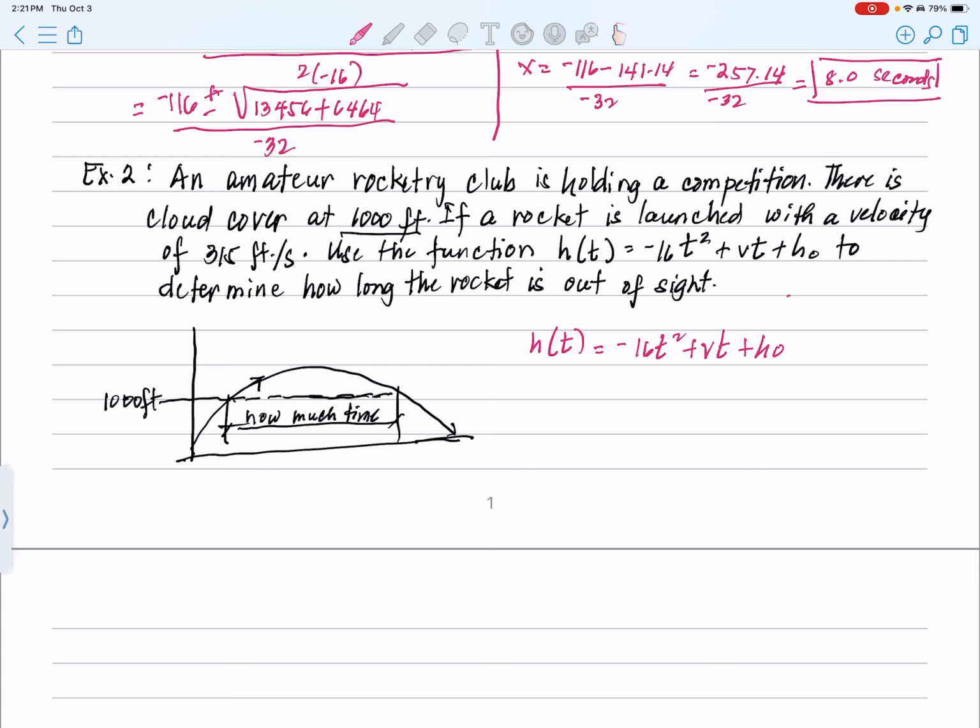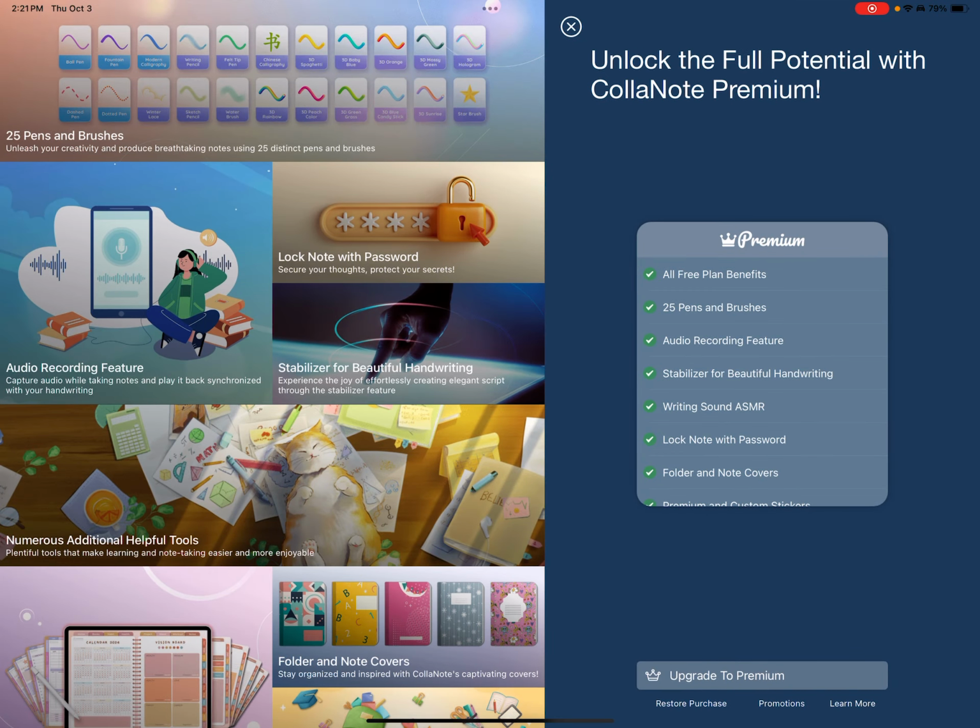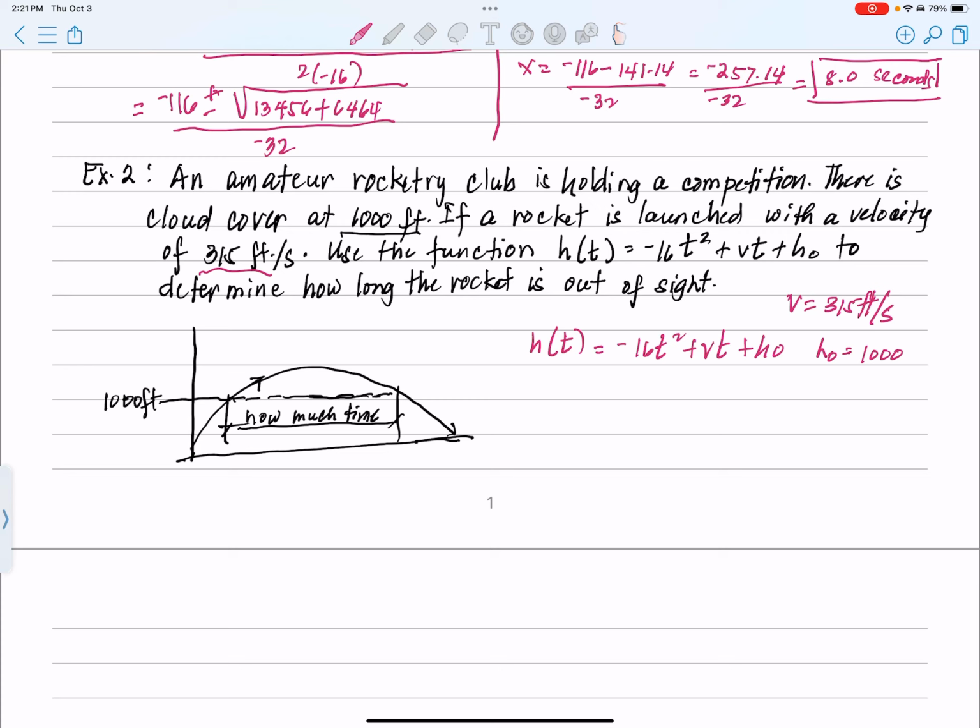The velocity is given right here, 315 feet per second. So we can substitute to get the value of h. And we're going to use the h sub o as 1,000. Okay.